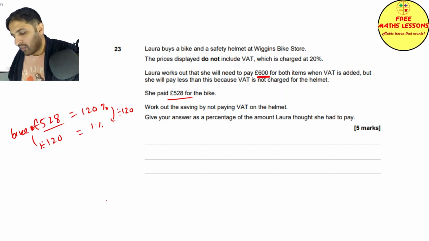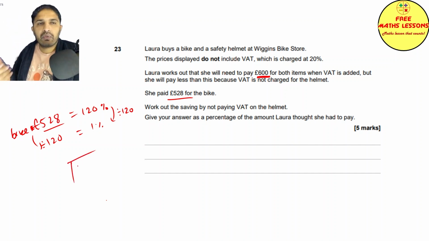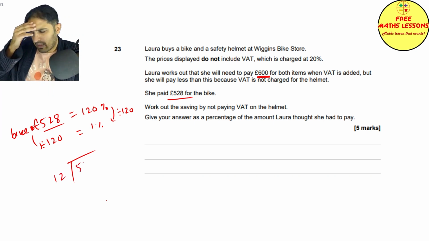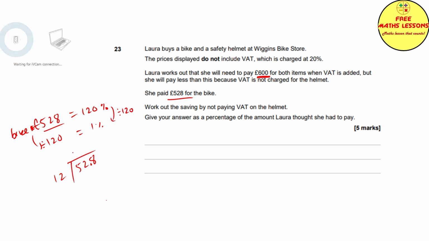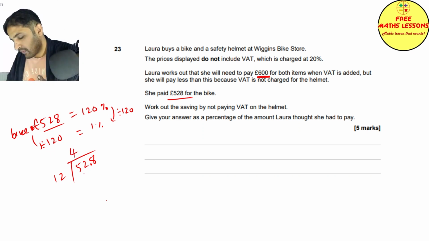Okay, so I can do the bus stop method. Go like this. 12 into 52.8. I mean 12 goes into 52, so 12, 24, 36, 48. 4, that'll leave me with 4. And then we go through the decimals, so 0.4. So 1% is 4.4.